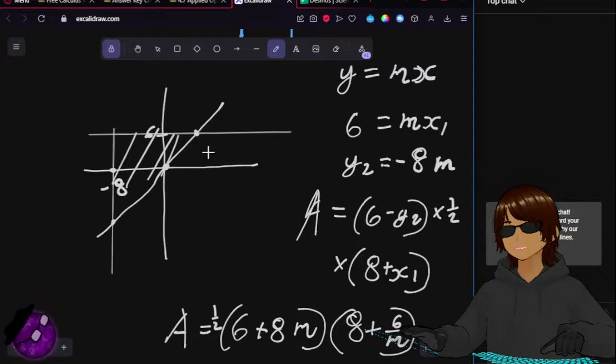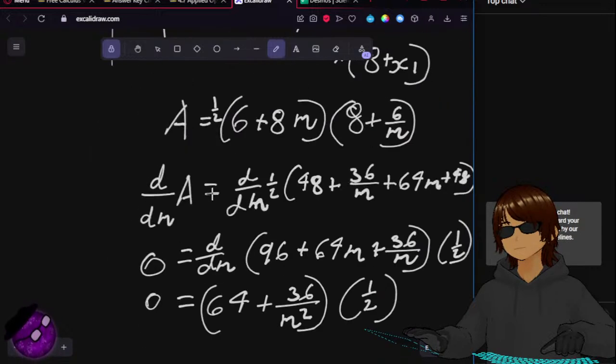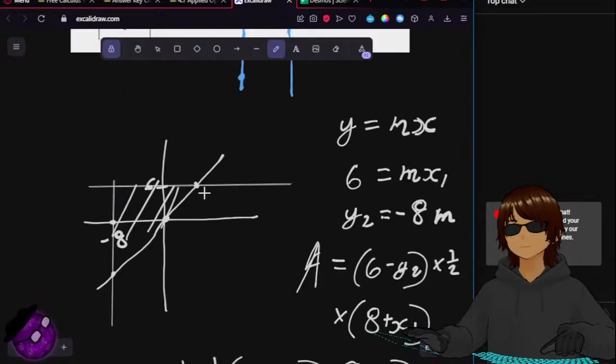Let me think. I don't understand what's the issue. It's 8 plus this x1.